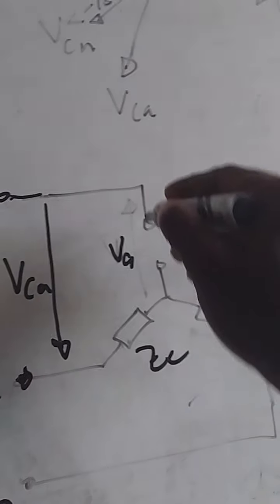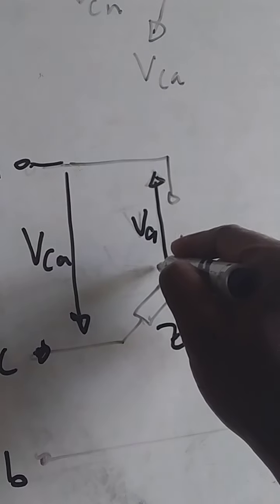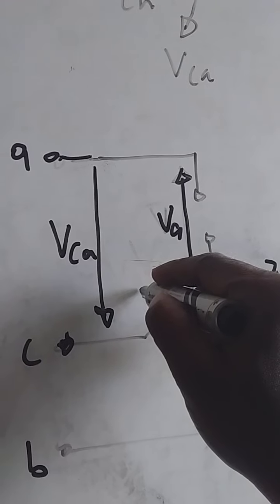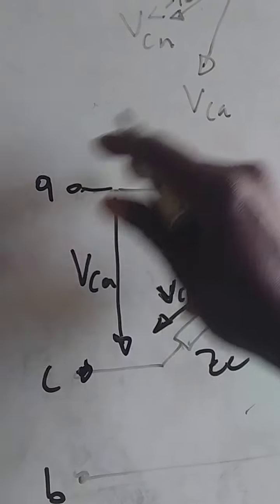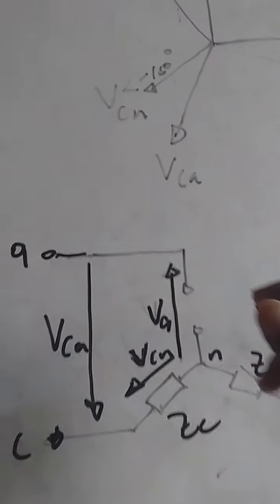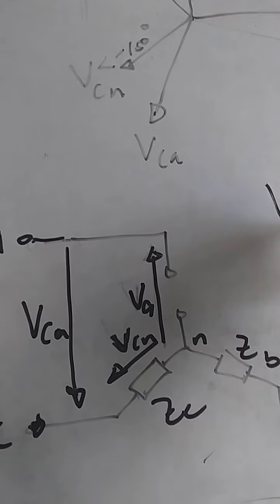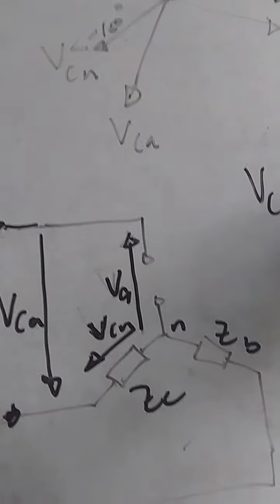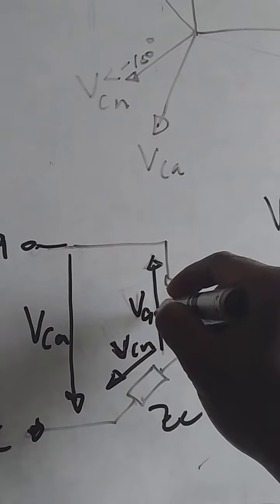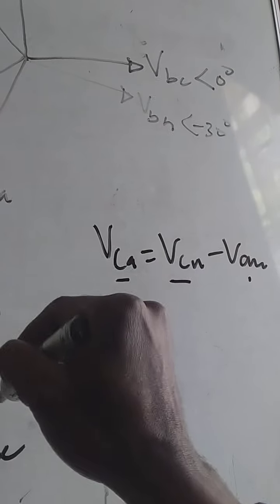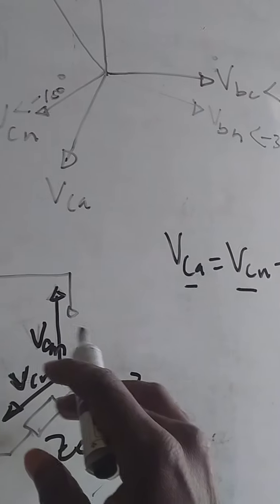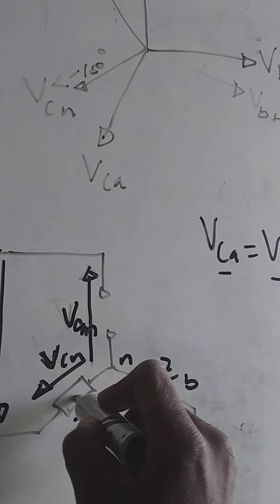This point is taken as N, this is VCN. Taking this as a closed circuit, from what I proved to you last time, VCA will be equal to VCN minus VAN. So since we want to find VAN, once you determine VCA and VCN, you can get the voltage drop at that point.